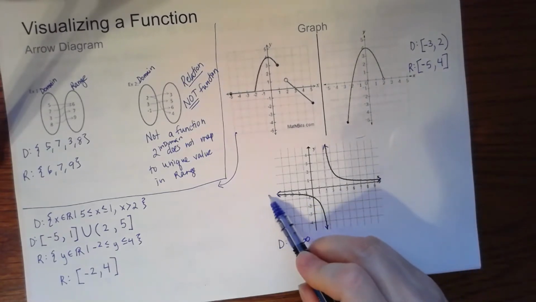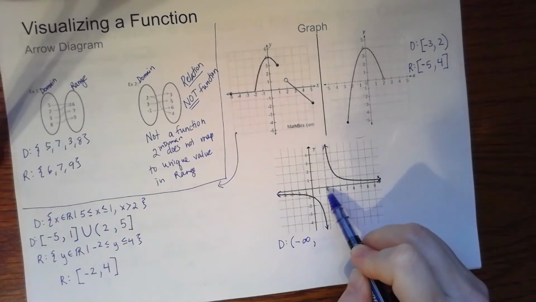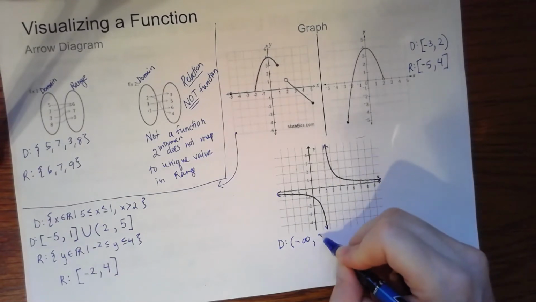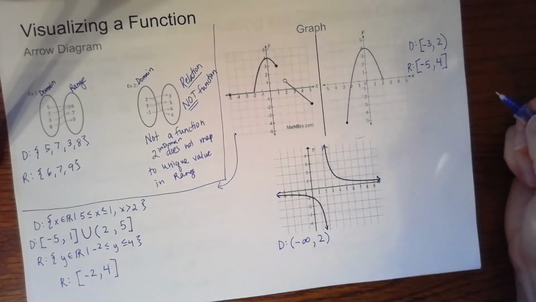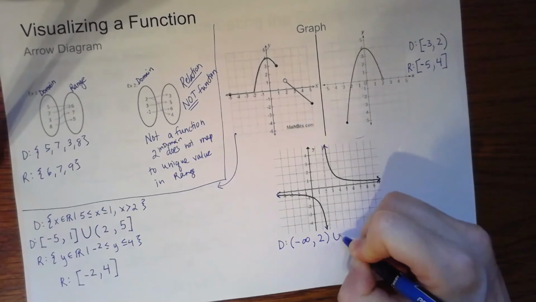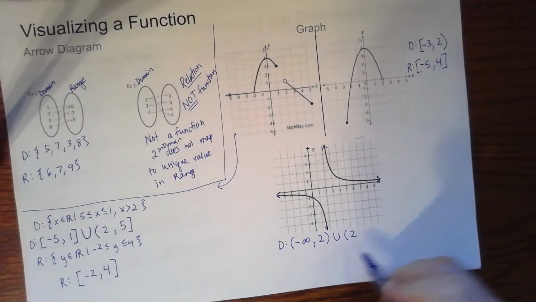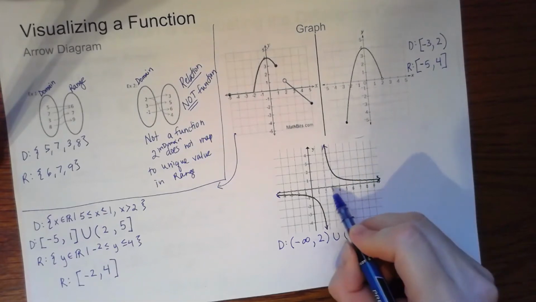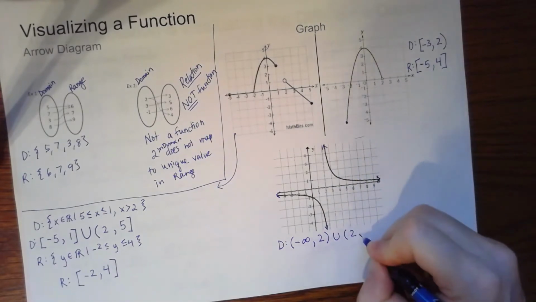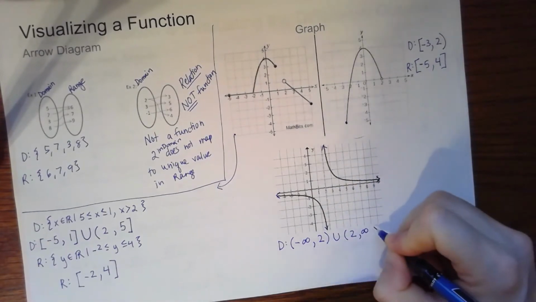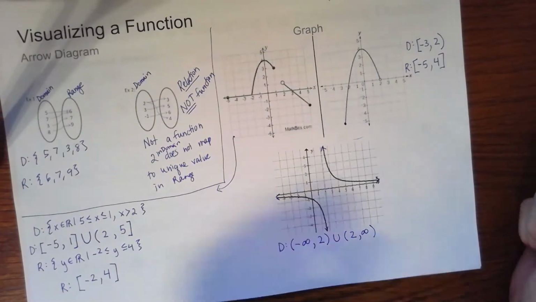Then it goes all the way up until it reaches 2, but it doesn't include 2, so 2 will also have a parenthesis. The rest of the domain starts at 2, but not including 2, and it goes on and on forever. So it goes to positive infinity, but of course it can't include that because that's not a number.